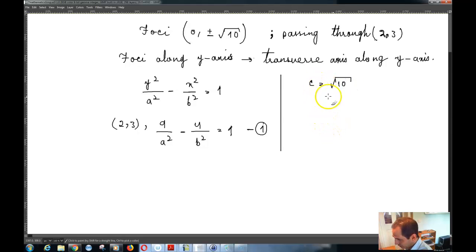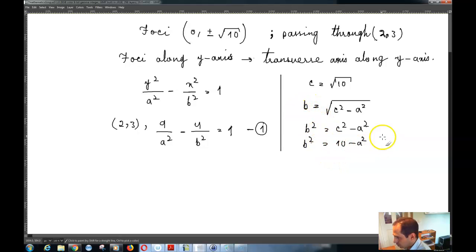We have the relationship b squared is equal to c squared minus a squared. Since c squared is 10, b squared is equal to 10 minus a squared.